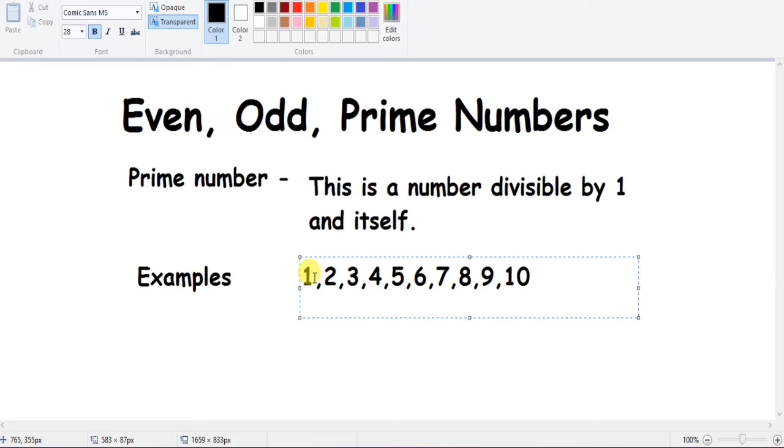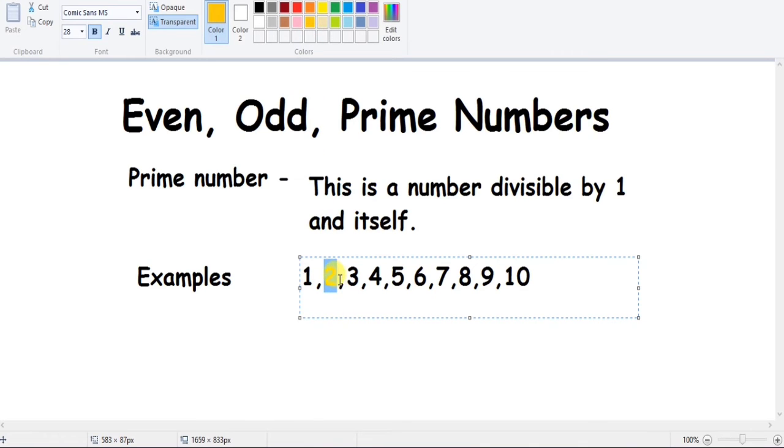We don't label number 1 as a prime number. If you look at number 2, it can be divided by 1 and can also be divided by 2. So this makes it a prime number.